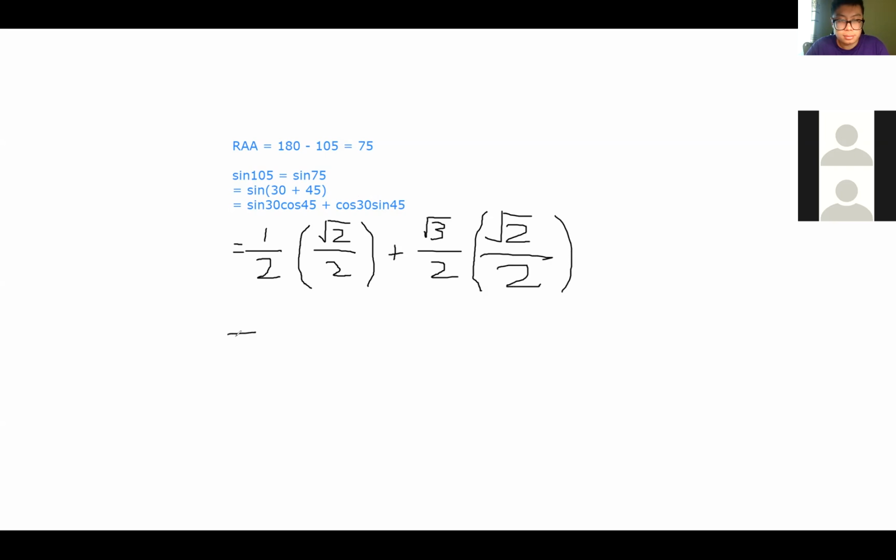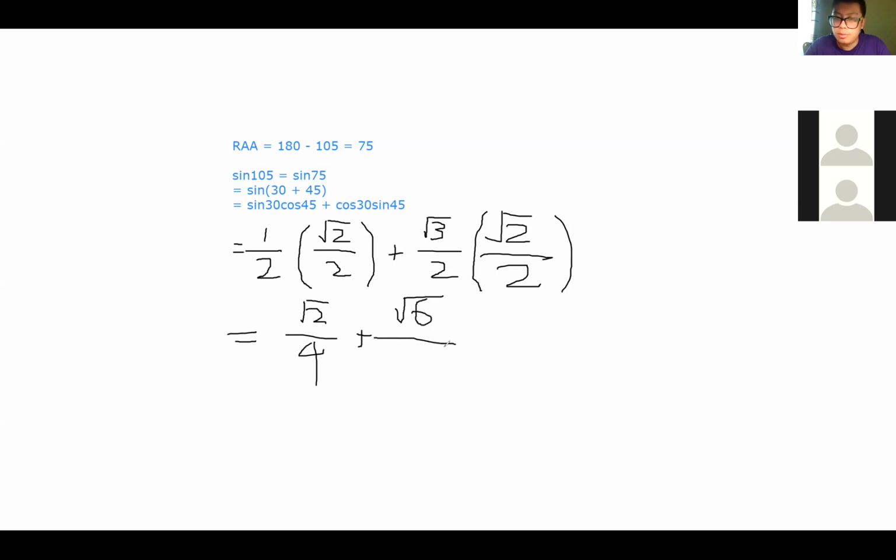Okay. Now if you want to simplify, we just multiply those fractions together. So this is square root 2 over 4, plus, now square root 3 multiplied by square root 2, you can just multiply whatever's inside the square root and merge them together. So we can merge square root 3 and square root 2 as square root 6.